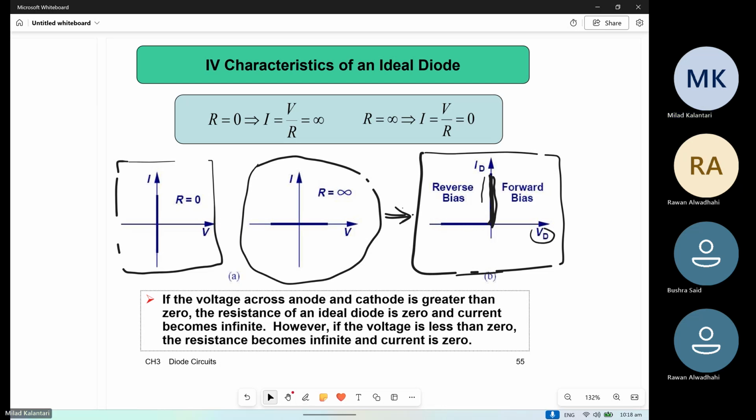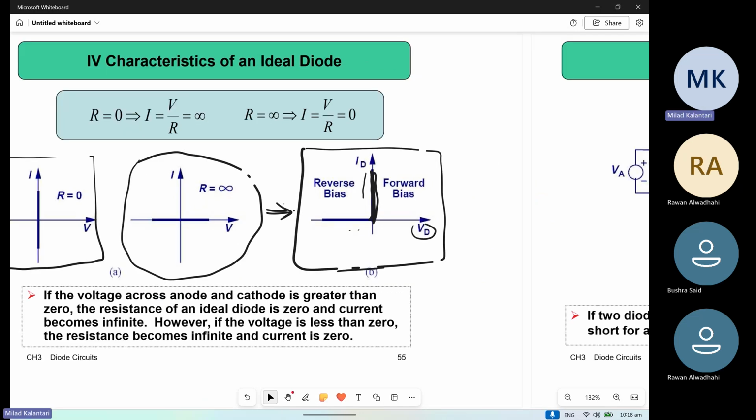It's like an open circuit. So basically, if you know the short circuit and open circuit characteristics, then you can combine them and get this characteristic for the ideal diode.